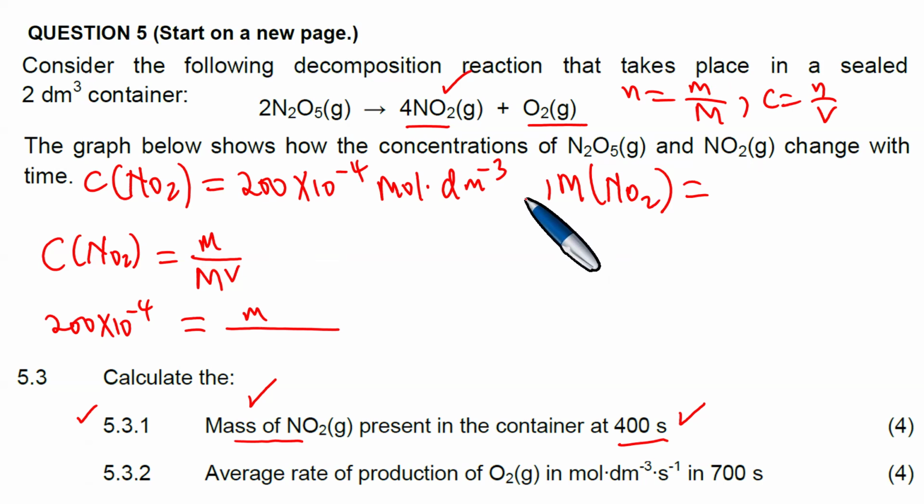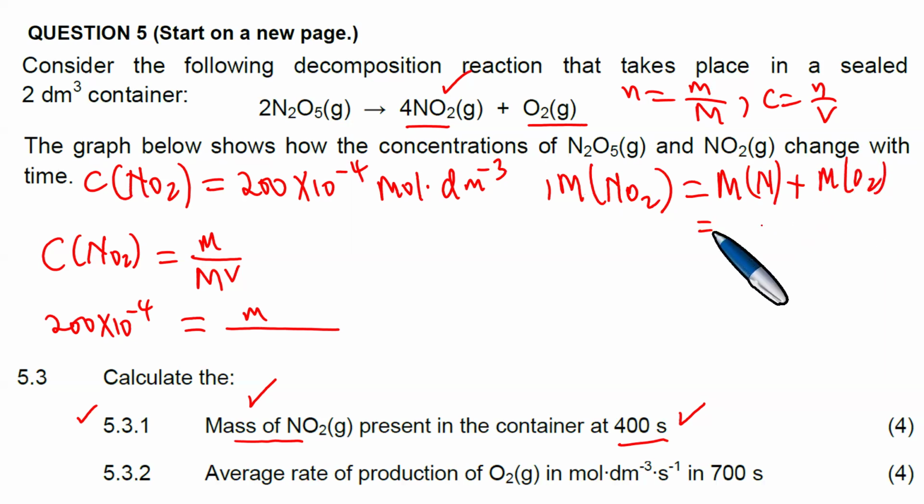For nitrogen, we know very well that it has a relative atomic mass of 14. So it will be the molar mass of nitrogen, and then you have the molar mass of the two oxygen atoms.